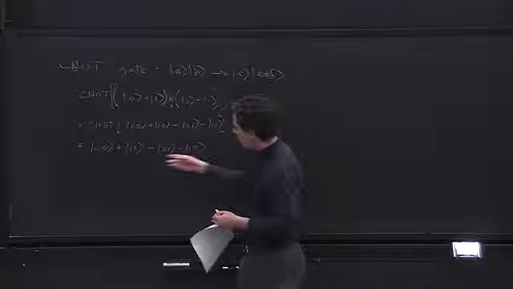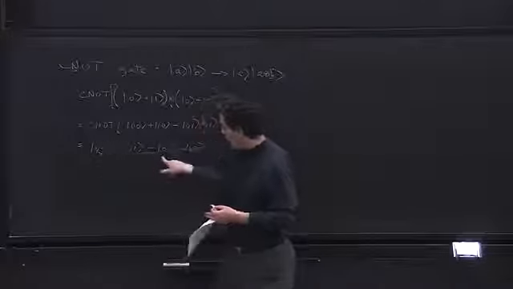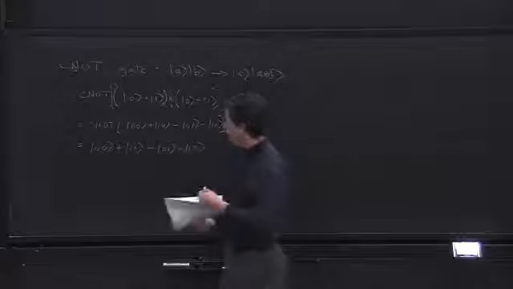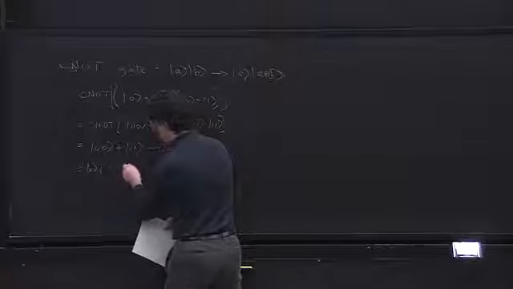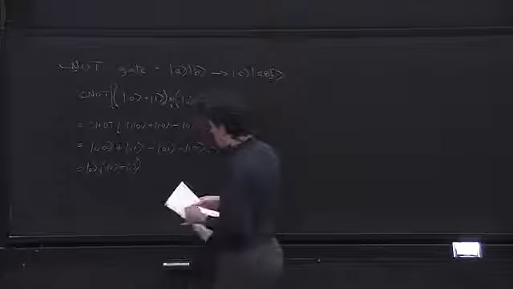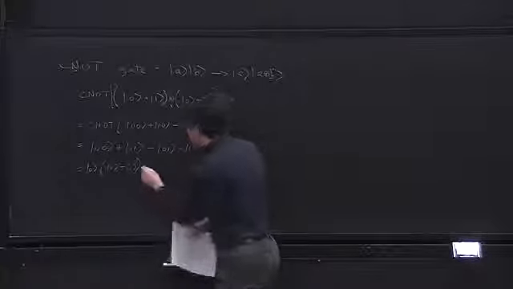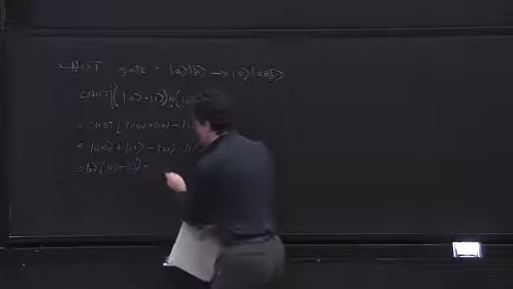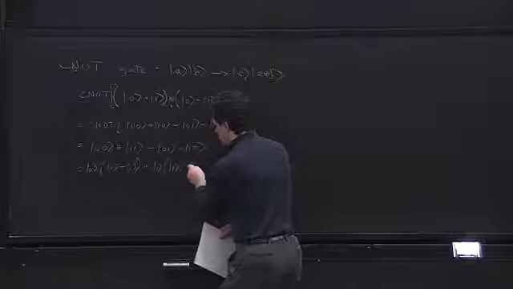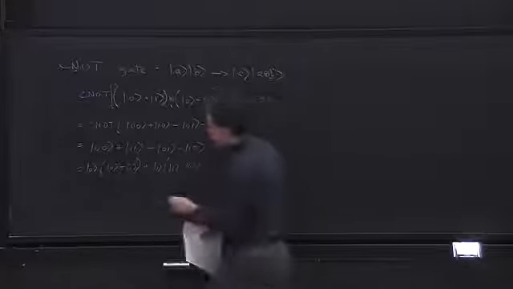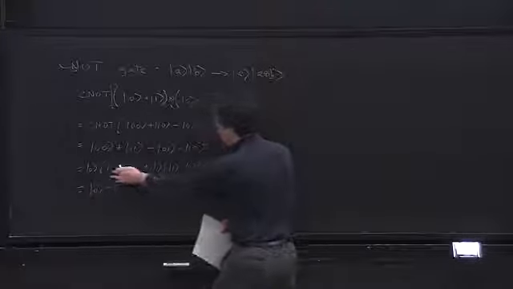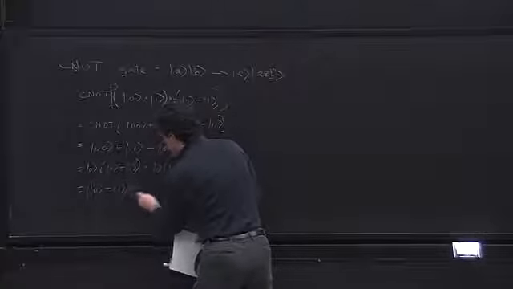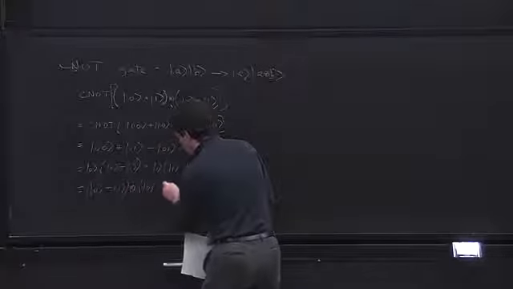And now we can reorganize this by capturing the 0 here. So we get |0⟩ times (|0⟩ − |1⟩), and then plus |1⟩ times (|1⟩ − |0⟩), which can again be written as (|0⟩ − |1⟩), because we have |0⟩ − |1⟩ here and |1⟩ − |0⟩ here, tensor (|0⟩ − |1⟩).